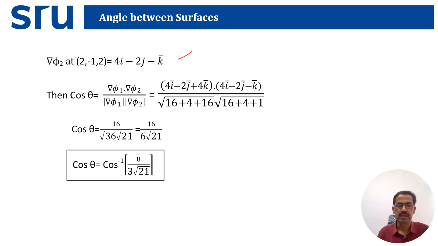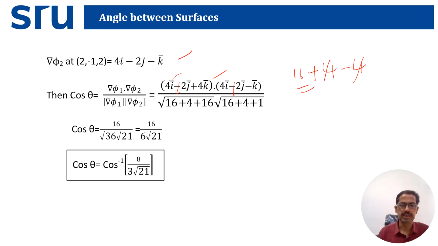Now this is the dot product between these two. i dot i is 1, so 4 times 4 is 16. j dot j is 1, minus 2 into minus 2 is plus 4. k dot k is 1, and 4 into minus 1 is minus 4. Plus 4 minus 4, so 16.